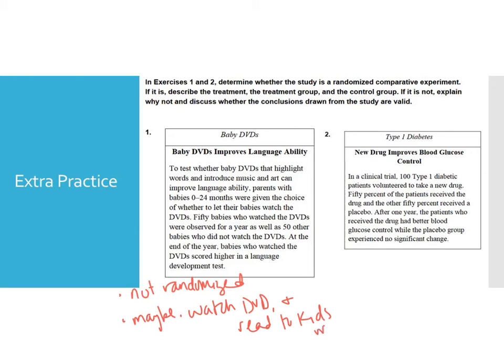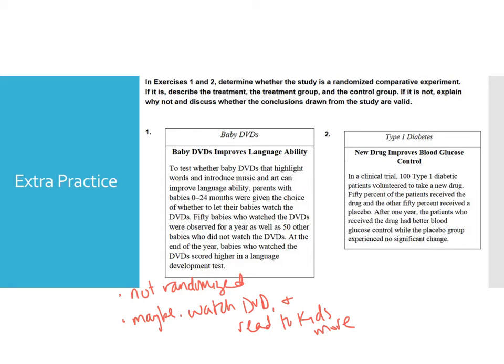So we don't know. The thing that makes you able to draw a valid conclusion is that this is the only thing that's different, but there's so much more out there that we don't know is different that we cannot attribute their higher score in language just to these DVDs.